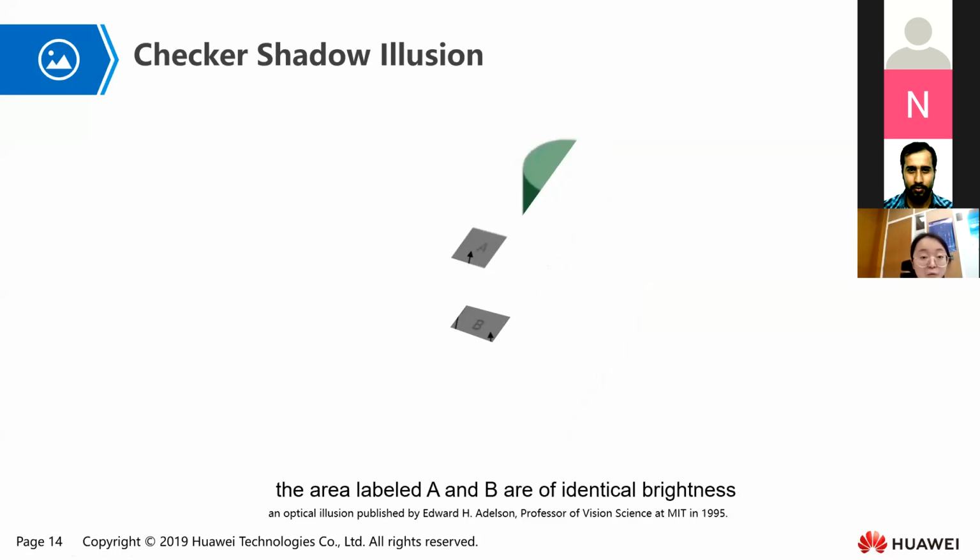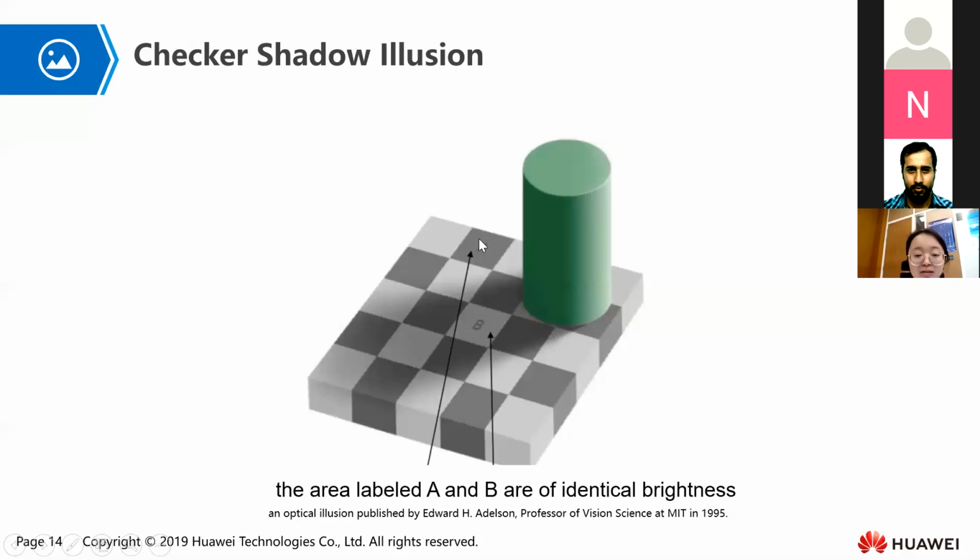So the reason why at first it seems A is darker than B is the surrounding pixels. The surrounding pixels of A are brighter, and the surrounding pixels of B are darker.